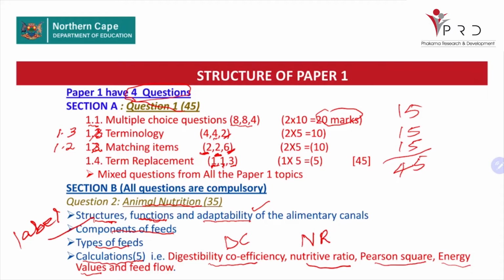Which energy is available? You need to look at that. And the last one, we look at the feed flow planning or feed flow program. As a farmer, you must have a plan that an animal will have food throughout the year.